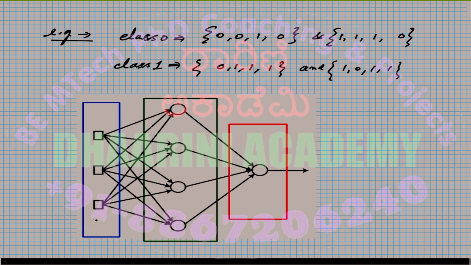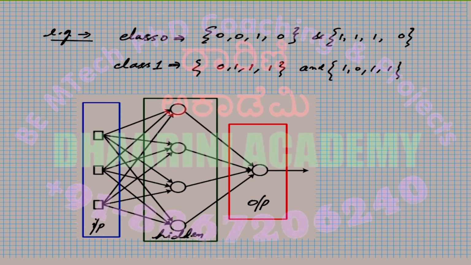So this is the input, this is the hidden layer, and this is the output layer. This is what we are going to consider. Let us use the same sigmoid function for the activation of the hidden layer and the output layer.